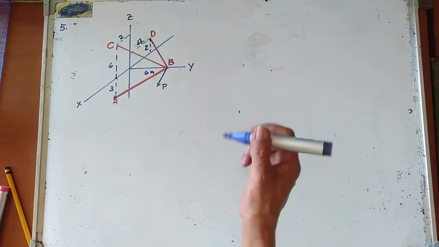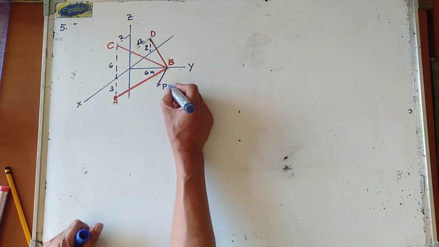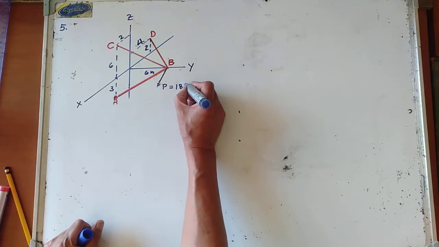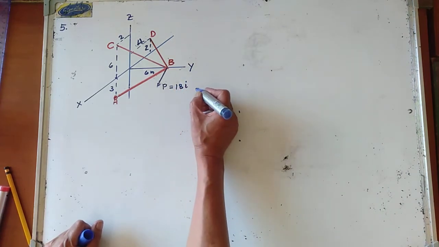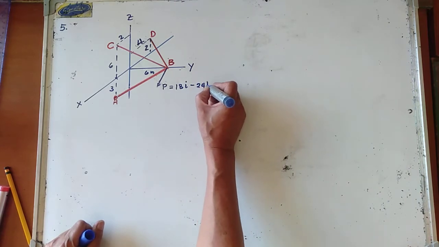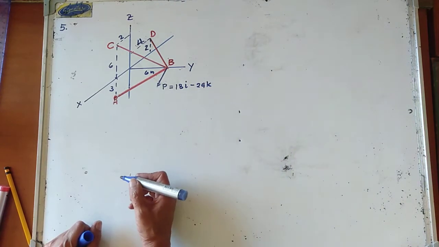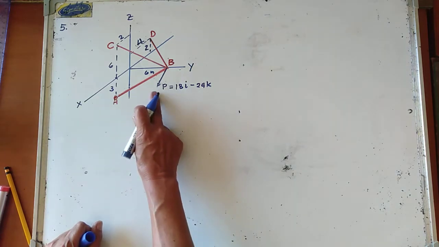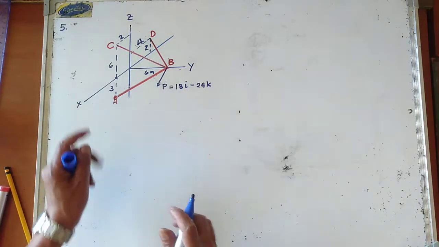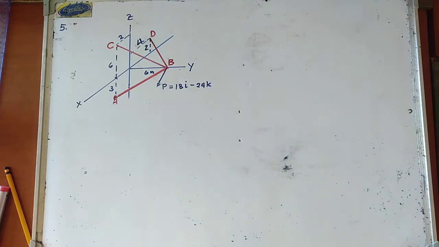Now, a force P, which is equal to 18i minus 24k, is applied at point B. Compute the cable tensions and the reaction at point A.